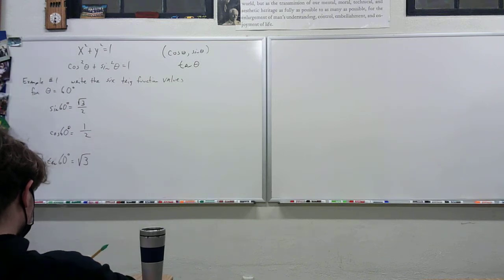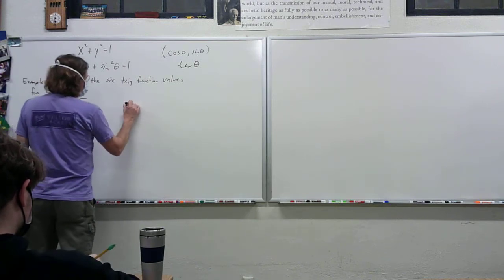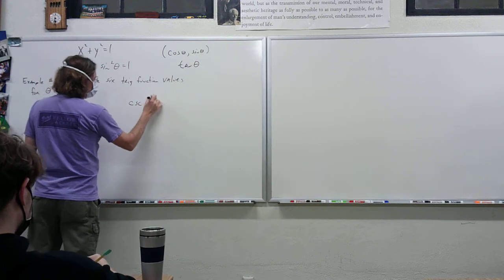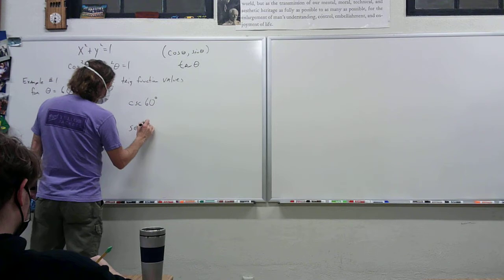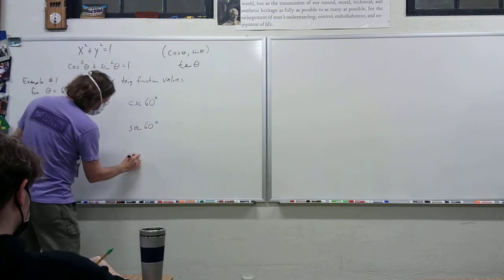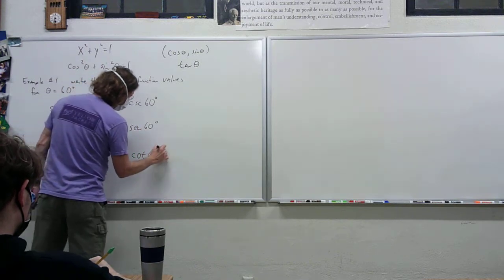Okay? Then you write cosecant, 60 degrees, secant, 60 degrees, and cotangent, 60 degrees.